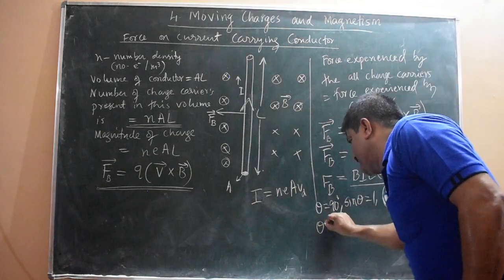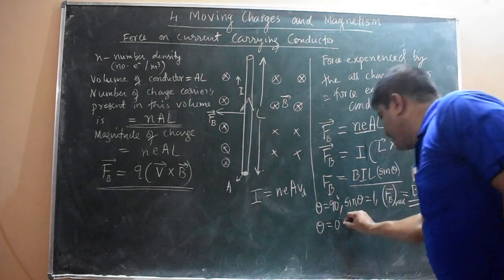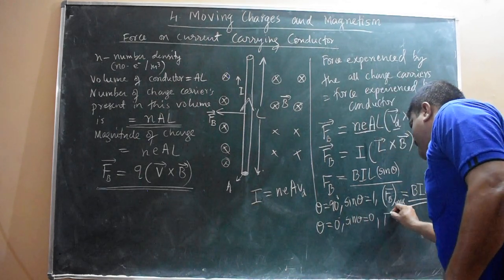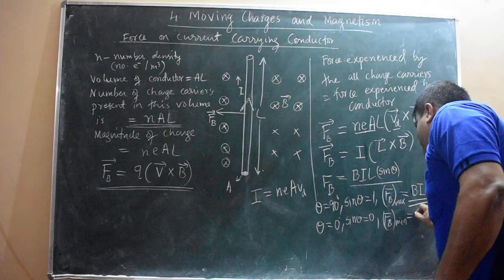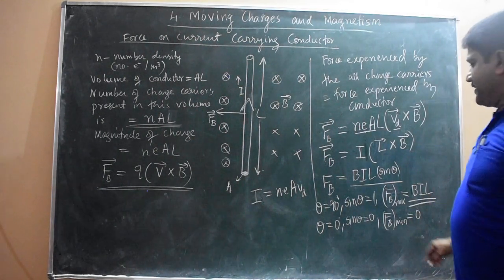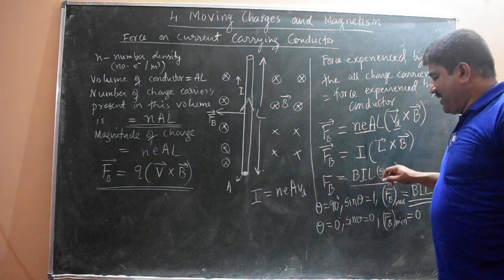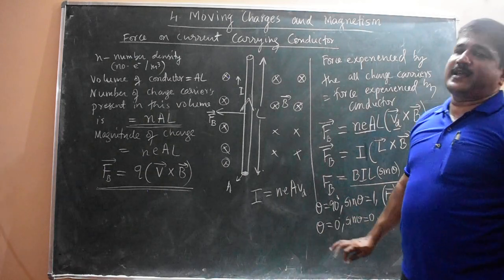The second case is when theta is 0 or theta equals 180 degrees. Then sin theta is 0, and the magnitude of force FB is minimum, that is 0. BIL into 0, so the conductor does not experience any magnetic force.